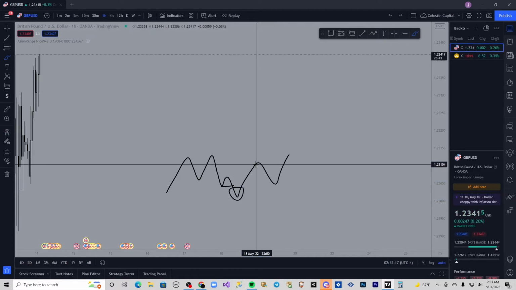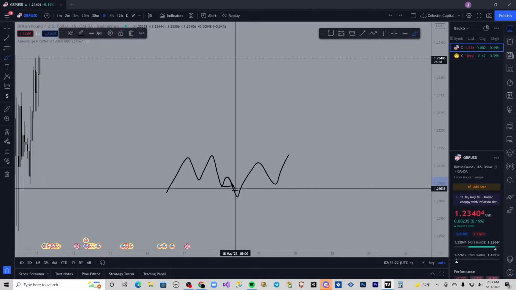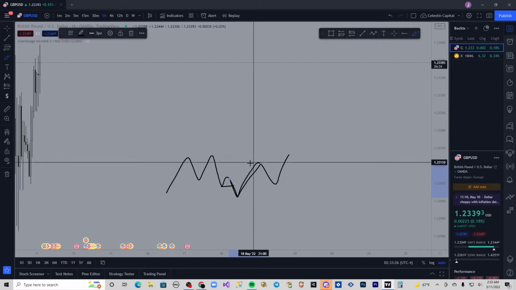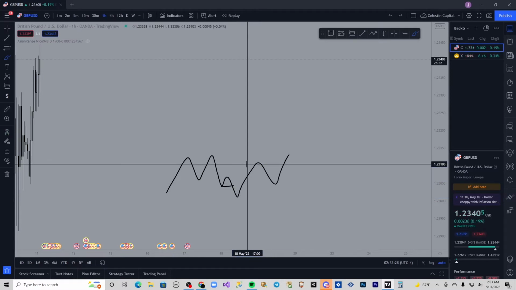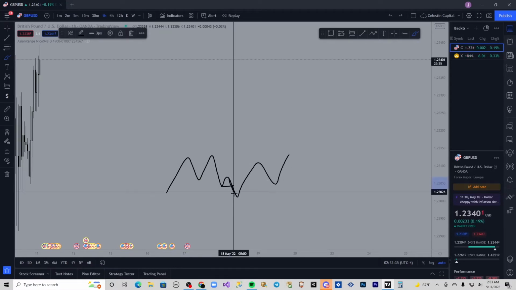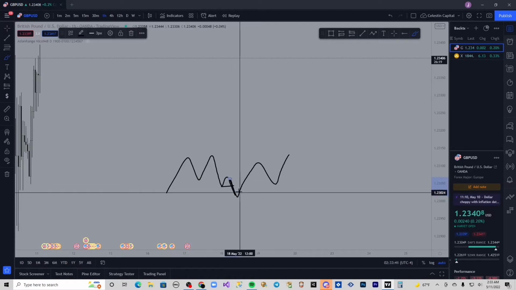Now, what would happen with a lot of traders is that they would be like, well, price can go either direction because it went down here and then it shot back up here. No, what we want to focus on is price action. What price is telling us. Because price did not close below this low, price is telling us that it doesn't want to go below the low.